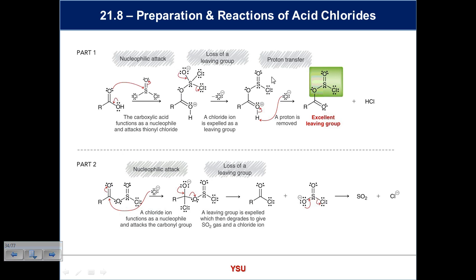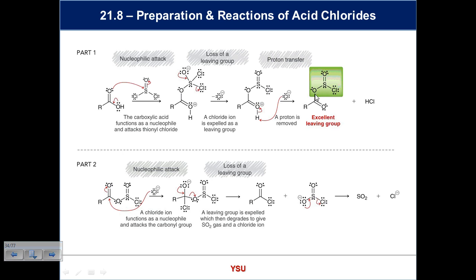That's exactly what happens there, and we end up with this. That looks an awful lot like a tosylate from last year. Very, very similar. Now we need to make HCl. We can simply deprotonate that. You don't really use any solvents here, because SOCl2 is a liquid itself, you don't need to. Chloride can come in, you've got HCl right there, and all of a sudden we're now at the stage where we can produce the chloride.